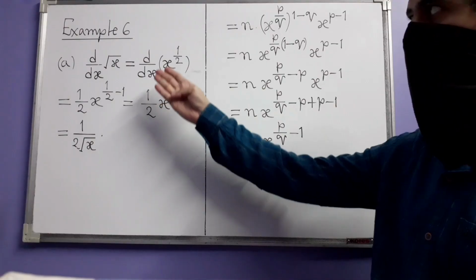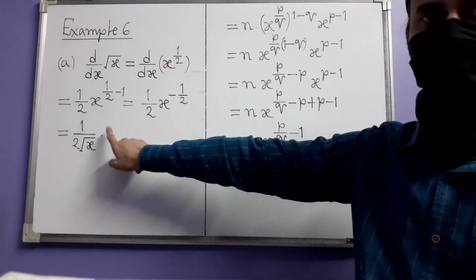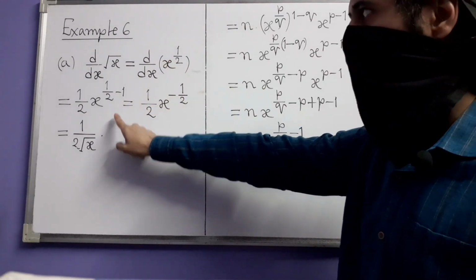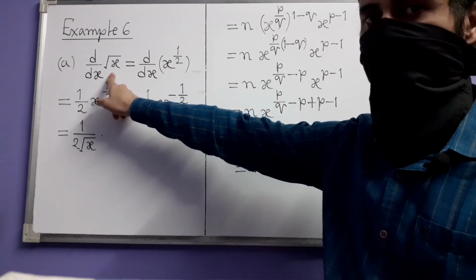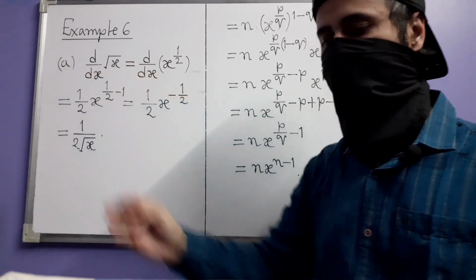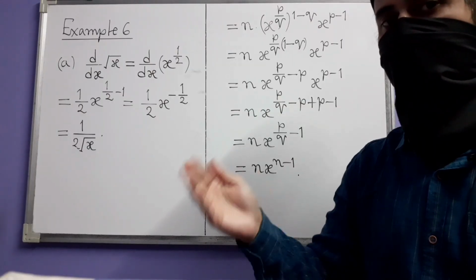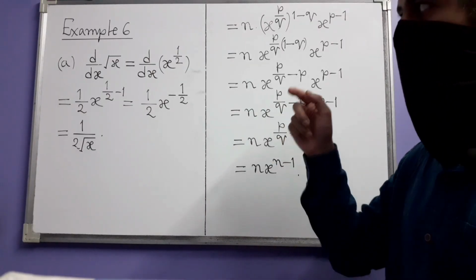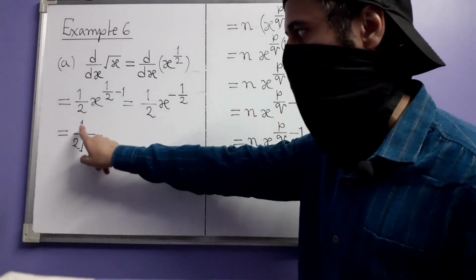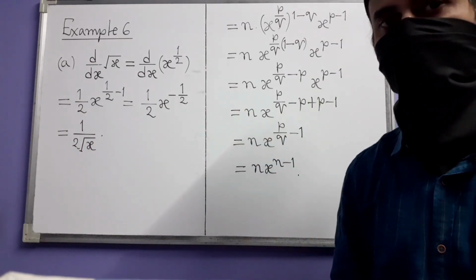So you next see example 6, which has two parts. This is part A. We are again differentiating the square root function, square root of x. You know that this function is defined on the set of non-negative real numbers, that means 0 is included. And we actually already know that the derivative is 1 divided by 2 times square root of x.